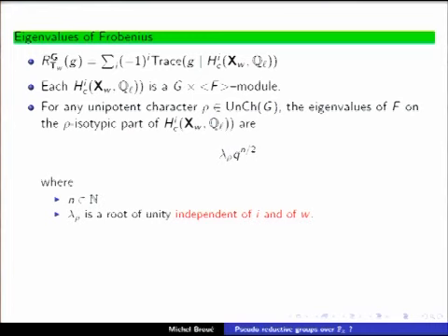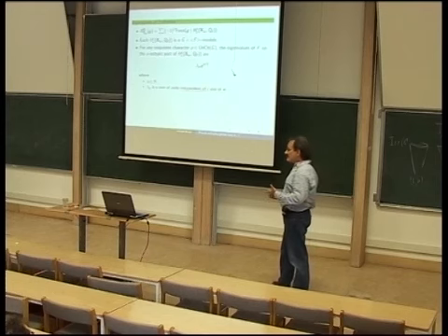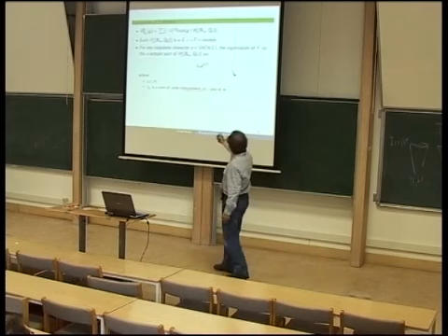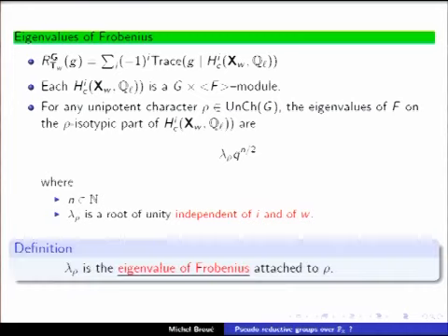This is also one of the properties of the Deligne-Lusztig induction. In other words, it doesn't depend on i, it doesn't depend on w, it depends only on the unipotent character. So for any unipotent character is attached a root of unity, this lambda_rho, which is called the eigenvalue of Frobenius attached to this unipotent character.